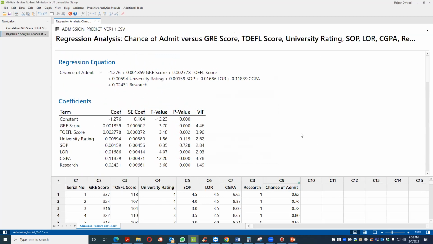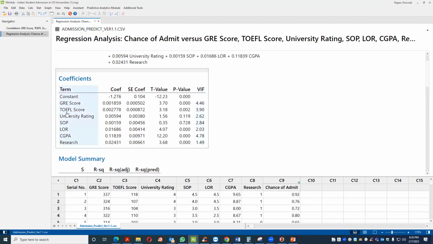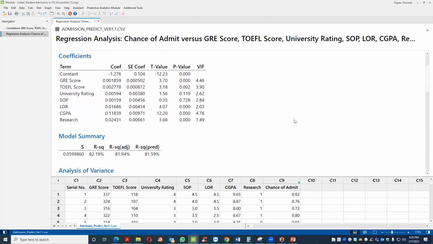Is the GPA useful? GPA, where is GPA? Yeah, GPA is useful, certainly. Tell me which are useless. The SOP? Statement of purpose, certainly, because we are checking at 5% and it is coming 72. So null hypothesis, that means it's useless.